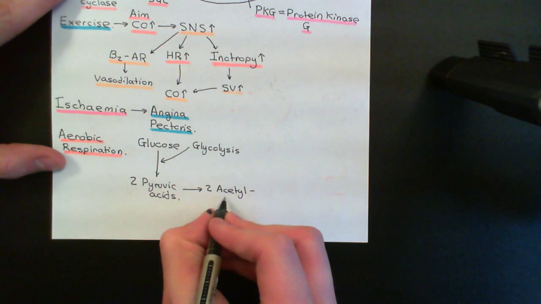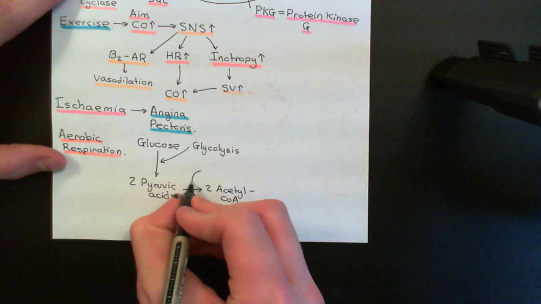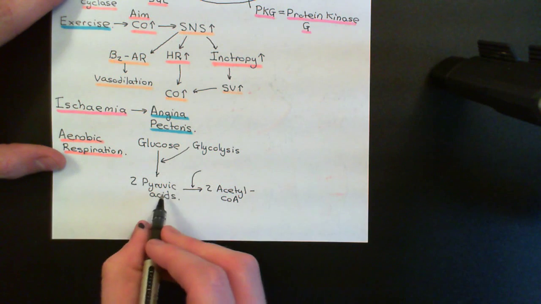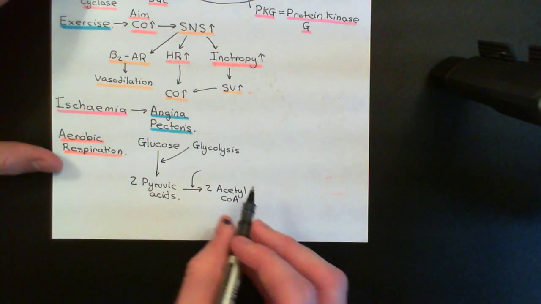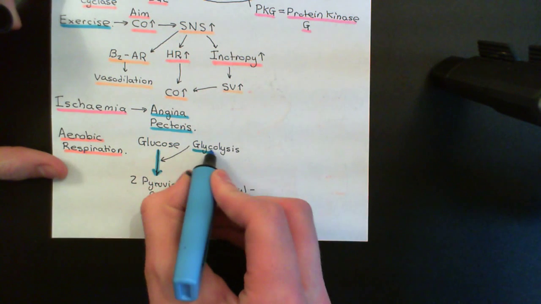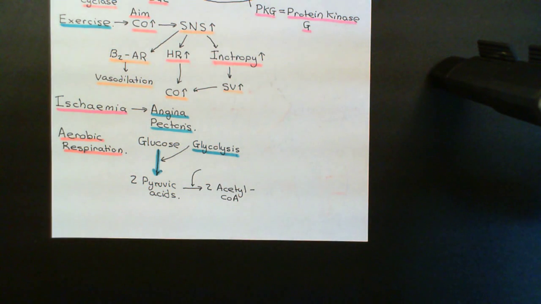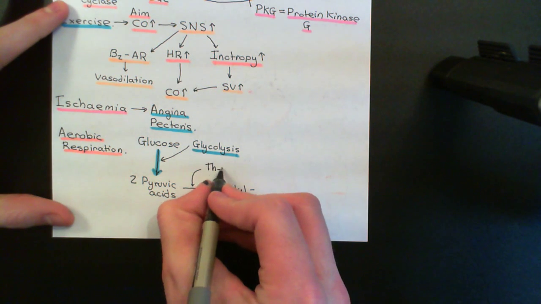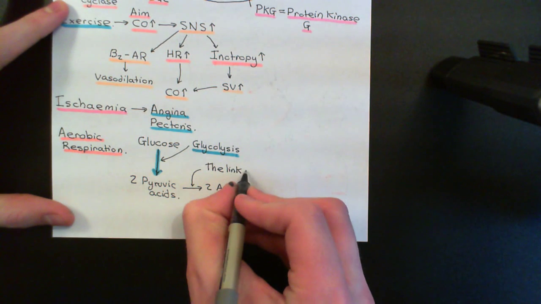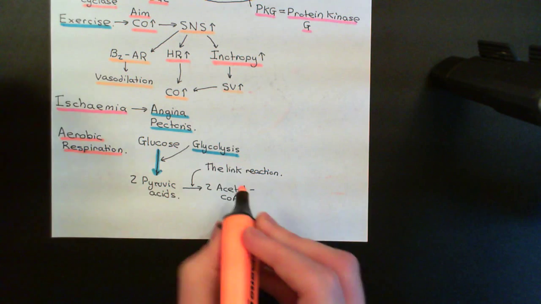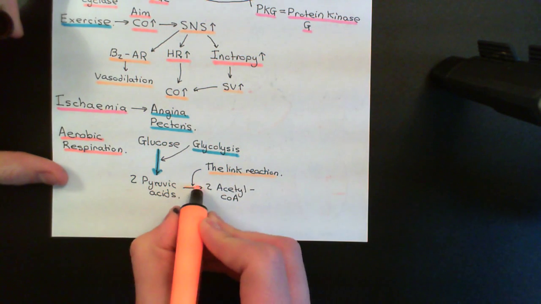This also transports the molecules across into the mitochondrial matrix, because remember, glycolysis, which I'll colour in blue here, occurs in the cytoplasm, whereas the Krebs cycle, the next stage, is going to occur in the matrix of the mitochondria. So this intermediate reaction, known as the link reaction, transports the molecules into the matrix of the mitochondria. I'll colour this in orange like so.